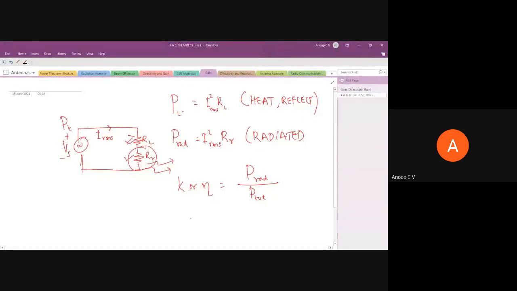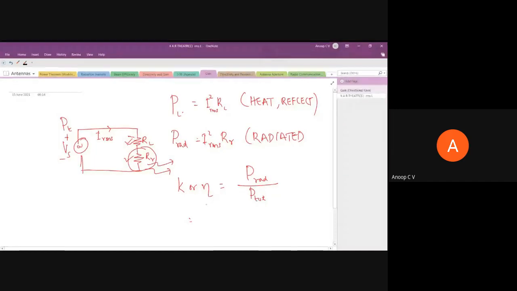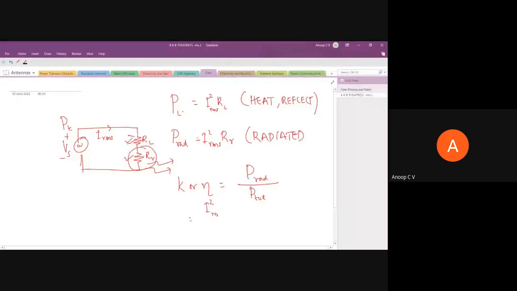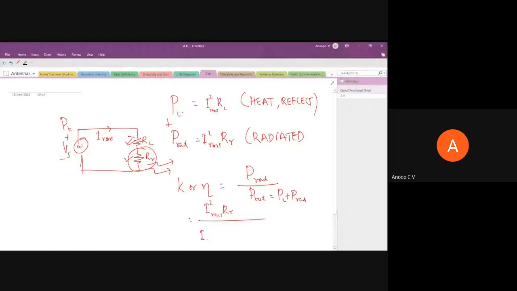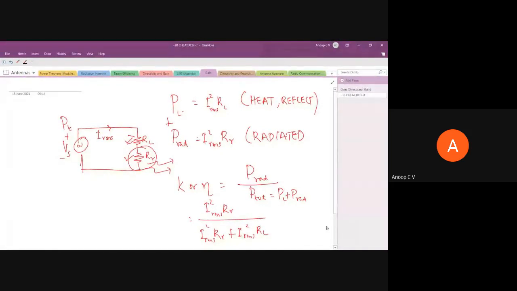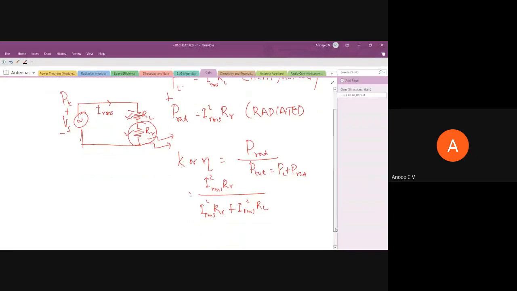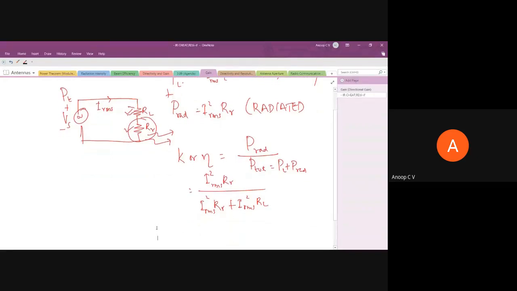Total power radiated is I RMS squared times RR, divided by total power, which is PL plus P radiated. So that is equal to I RMS squared times RR over I RMS squared times RR plus I RMS squared times RL. So this I RMS squared will be cancelled out.